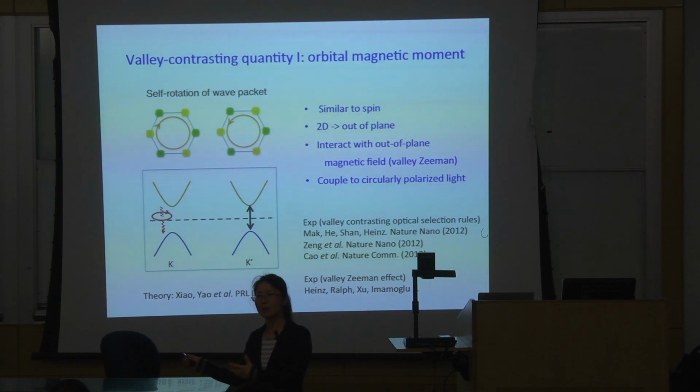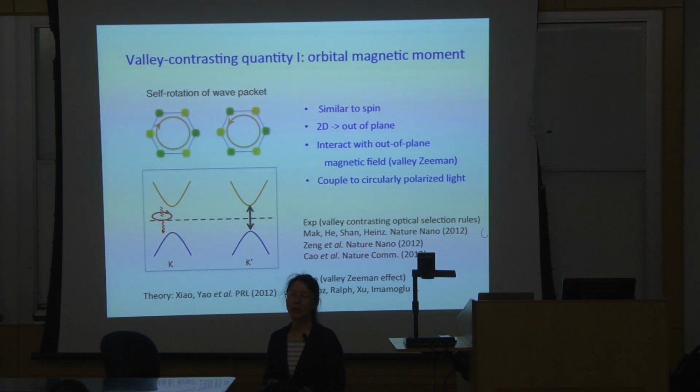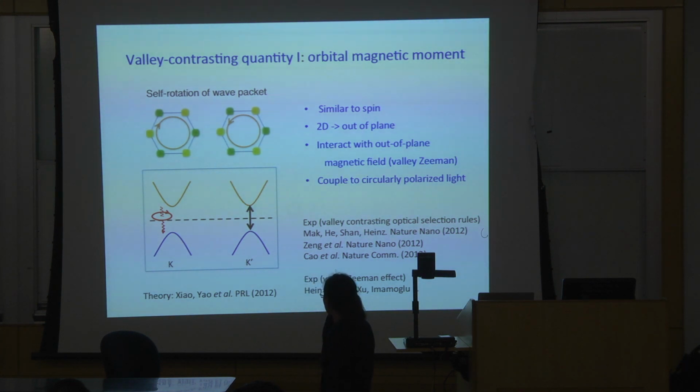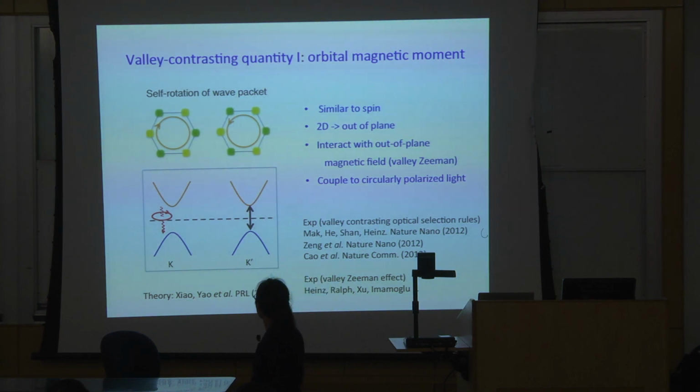You can address or distinguish the 2 by using, for example, an out-of-plane magnetic field, and this has been observed experimentally. The other important consequence of the valley-contrasting orbital magnetic moment is a coupling to light. You can easily imagine that it's easier to couple light with the same polarization.